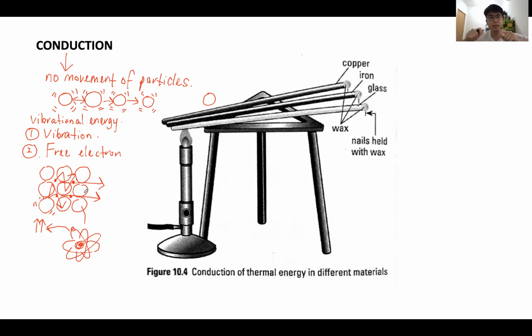So this is one additional method of transferring heat. On top of the vibration of the particles, the electrons actually speed up the heat transfer, because the electrons can move. The transfer of heat is way faster.